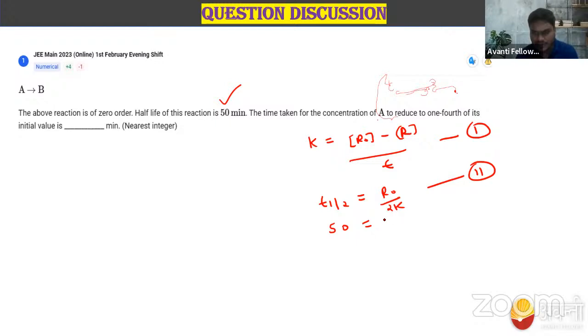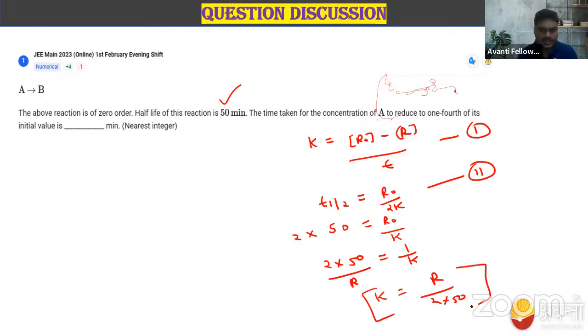Because we know that R naught and 2 is multiplied. This is 2 into 50, and this is R naught by K. So from this is how we will get K.